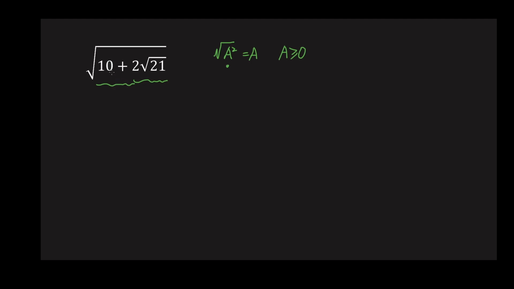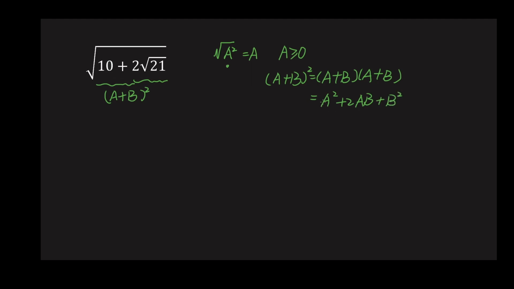Let's assume that this whole inside could be expressed as a plus b whole squared. A plus b whole squared is equal to a plus b times a plus b. That is a squared plus 2ab plus b squared.